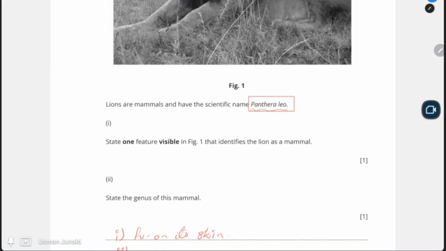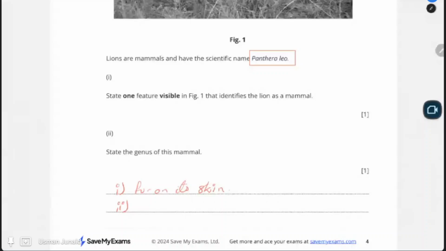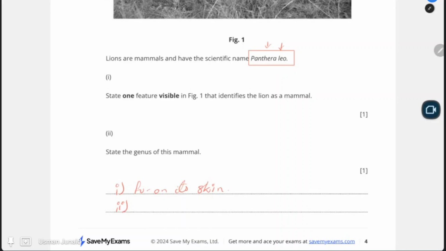Looking at this, can you tell me the genus of this animal? Which one of these is it? The first one or the second one?